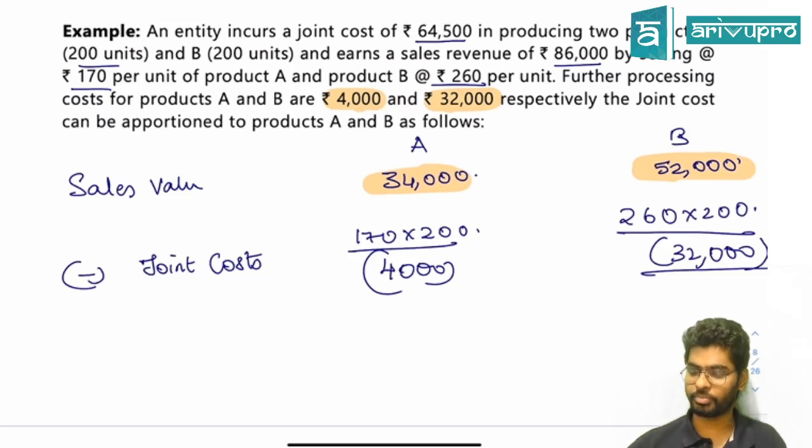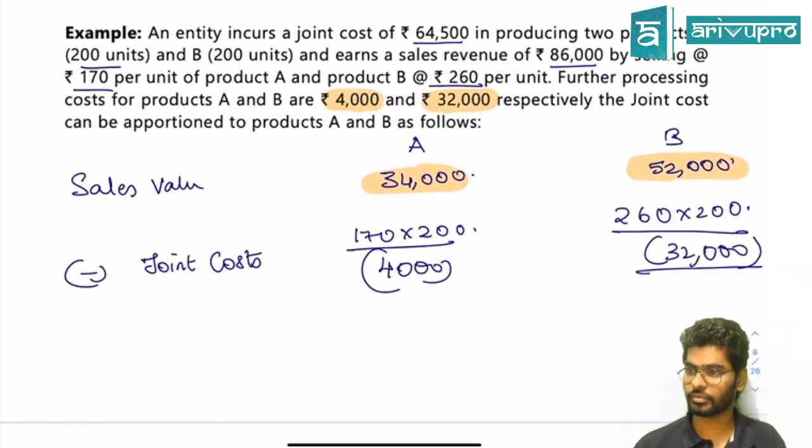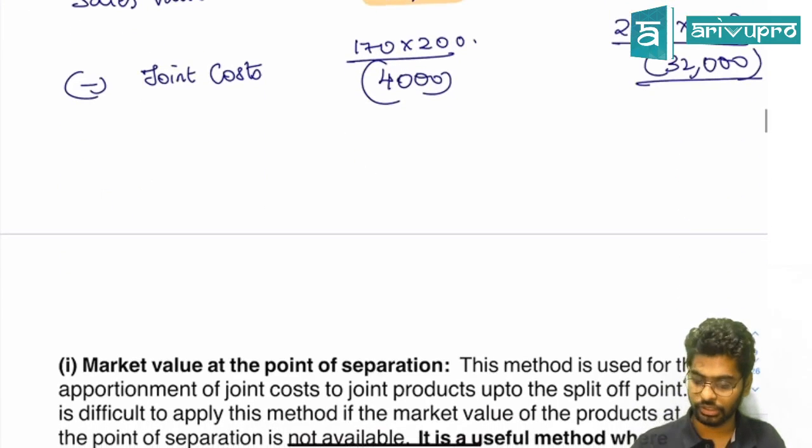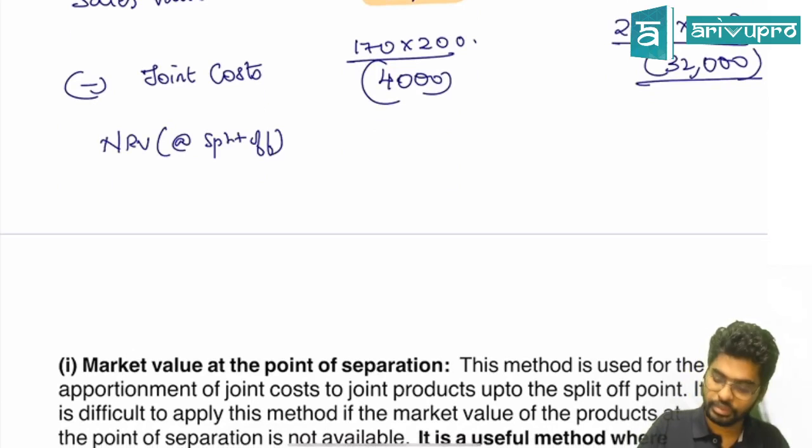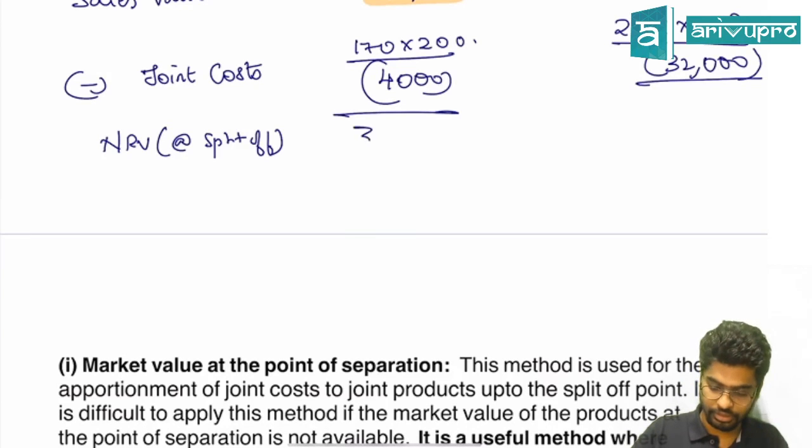Is there any profit margin given in the question? No. Is there any selling and distribution cost given? No. So that means this becomes my net realizable value at the split off point, which is 30,000 and 20,000.